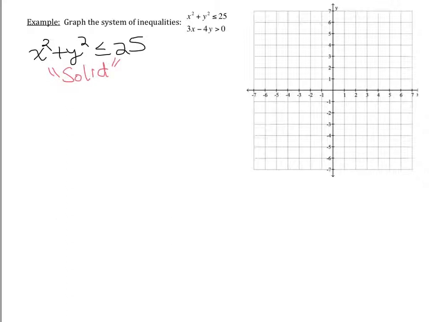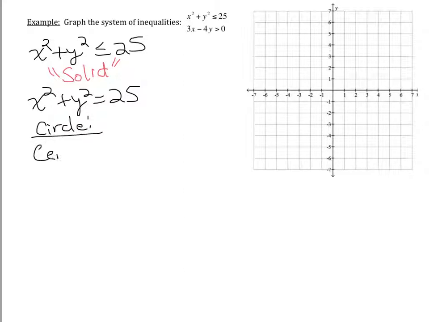And the associated equation that I'm going to use here is x squared plus y squared equals 25, right? And so back in the day when we were dealing with equalities and we wanted to graph something like this, we would notice that this is a circle. Its center is at the origin, and its radius is always sitting on the right-hand side, squared, which is 5, right?